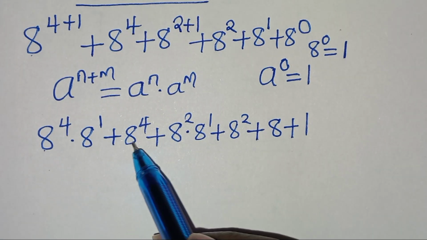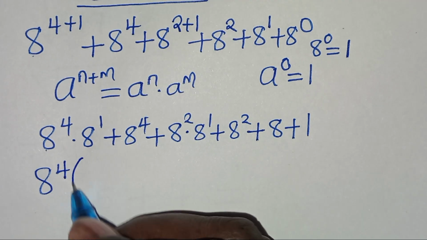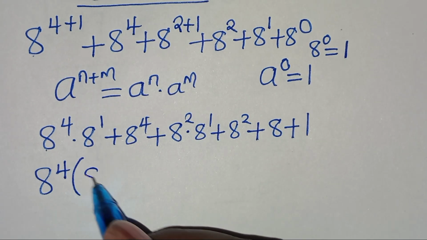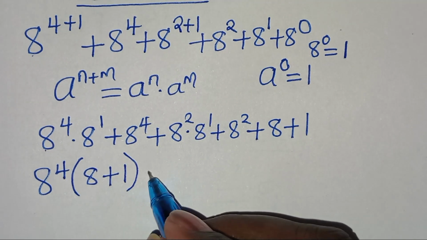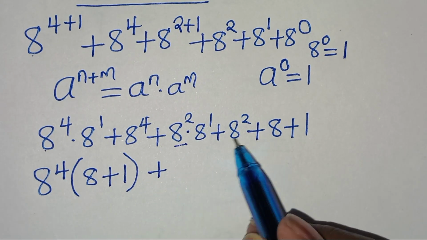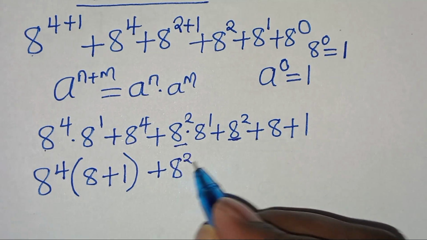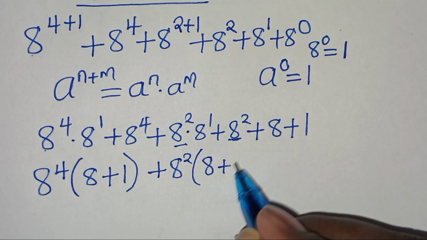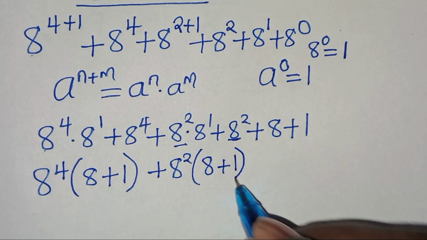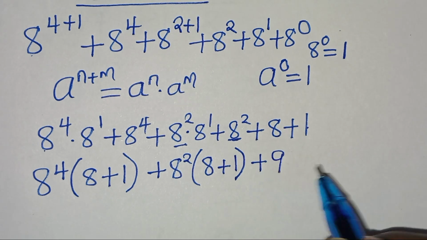Now 8 to the power of 4 is common here. We can factor out 8 to the power of 4 into the parentheses. This is 8 plus 1, close the parentheses, then plus. Now 8 to the power of 2 is common here. We factor out 8 to the power of 2, so that here we have 8 plus 1, close the parentheses, then plus 8 plus 1, this is 9.